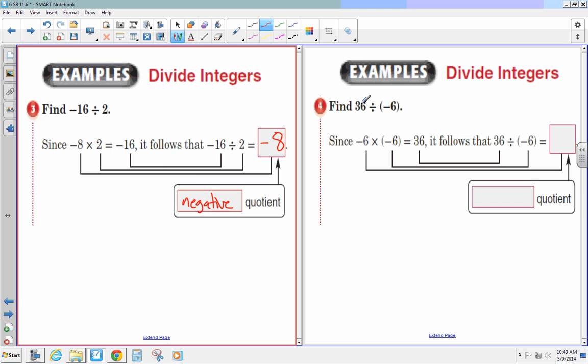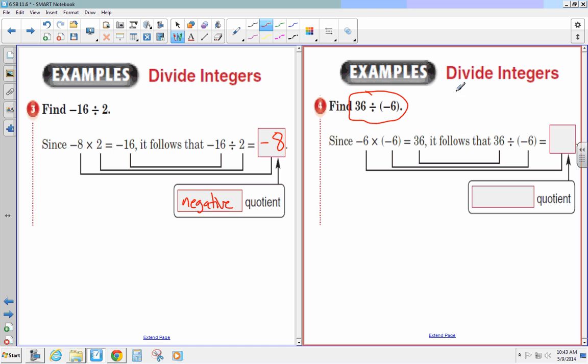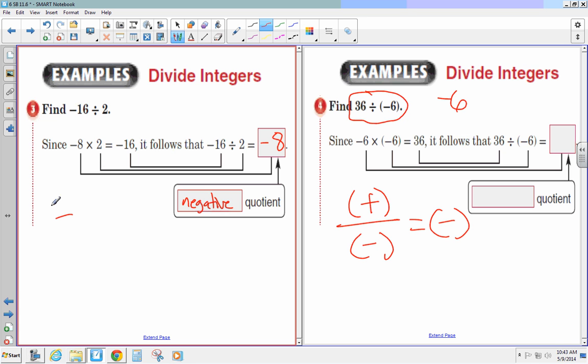Meaning up here, 36 divided by negative 6. Well, 6 times 6 is 36. So right away, you should know that this has a 6 involved. The question is, positive divided by negative results in a negative answer. Here, negative divided by a positive results in a negative solution.